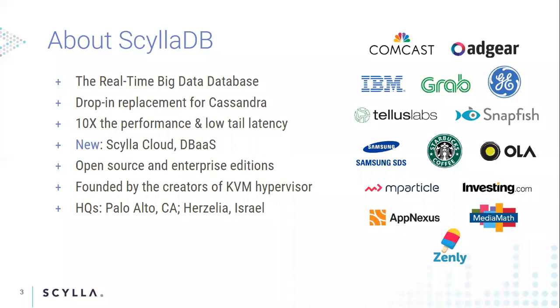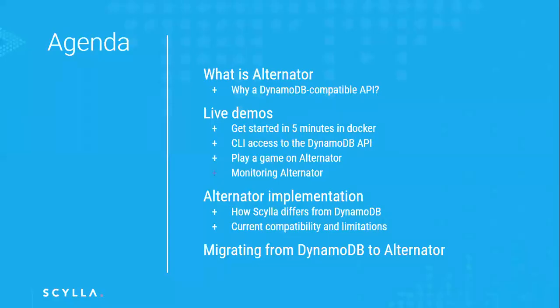In today's agenda, we'd like to make it as hands-on as possible. So we'll briefly describe what Project Alternator is and its basic advantages. There is lots of material that was published, so we won't take you through everything, and will try to concentrate on the actual demos and the similarities and differences between Scylla Alternator and the original DynamoDB.